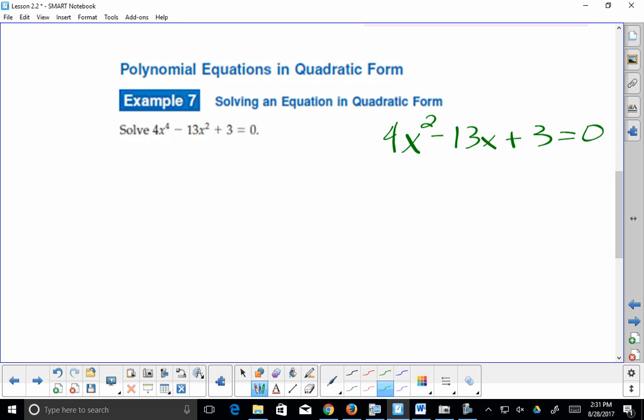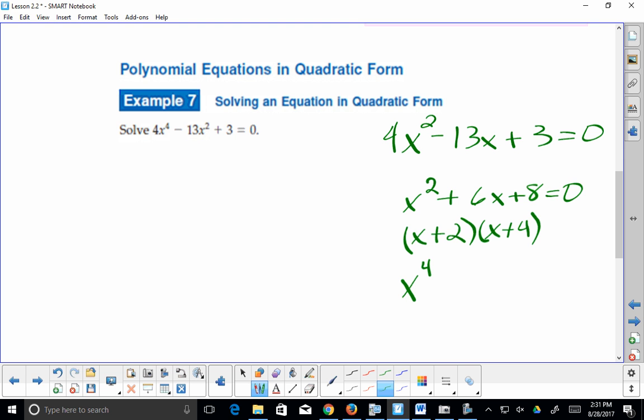All right. So the thing to remember is that if I have, let's do this to factor, right? So we know that's x plus 2 and x plus 4. Right? The only difference is if I change these powers, the power of the first term has to be twice or double the power of the middle term for me to be able to factor.